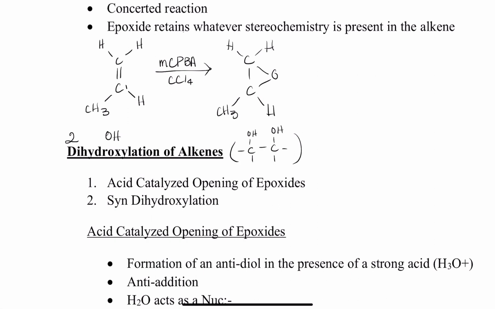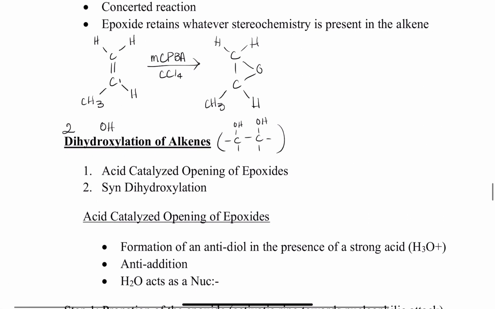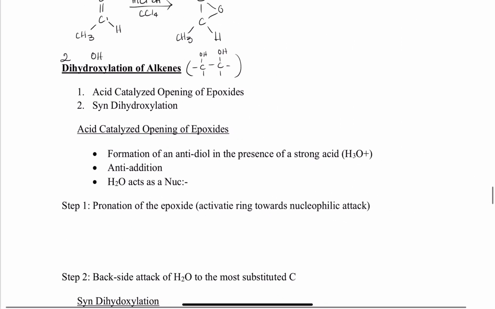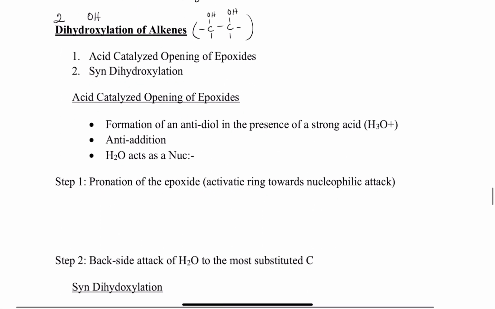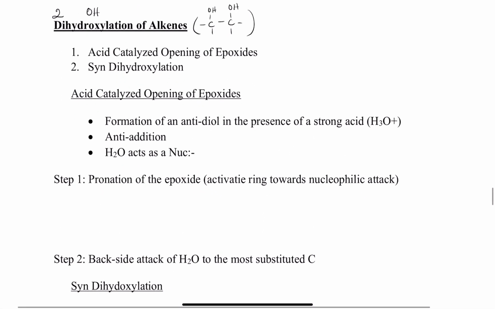So there's two different ways we could do this. We could do this through the acid catalyzed opening of epoxides, and then we could do this through syn dihydroxylation. So the first method, acid catalyzed opening of epoxides.